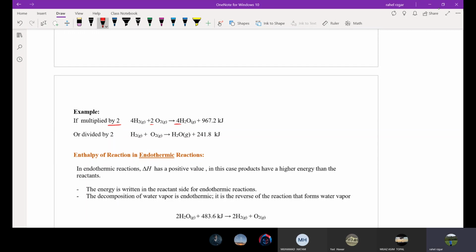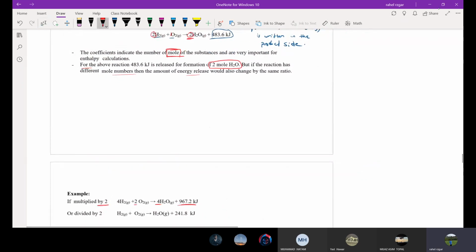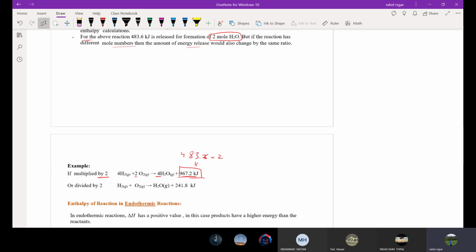So for formation of 4 mole H2O, what will happen to the energy? See, it has been doubled from 483.6 to 967.2. 483.6 times 2 equals 967.2.